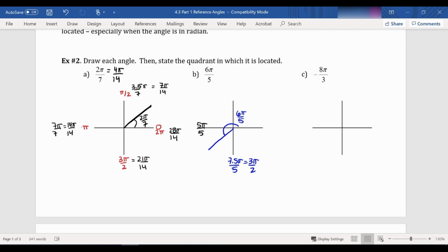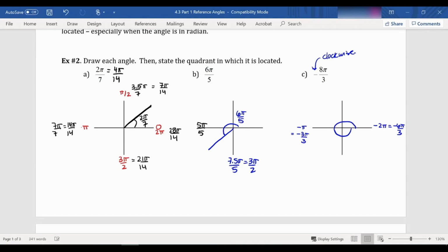My last one, negative 8 pi over 3. This means I'm going in the opposite direction. I'm going clockwise. Okay. So I'm going this direction. Now I know that this would be negative pi, which is negative 3 pi over 3. If I'd gone a whole circle, this is negative 2 pi, which is negative 6 pi over 3.